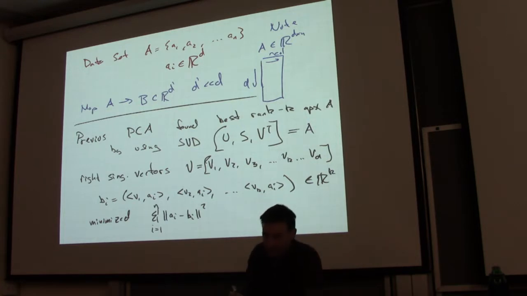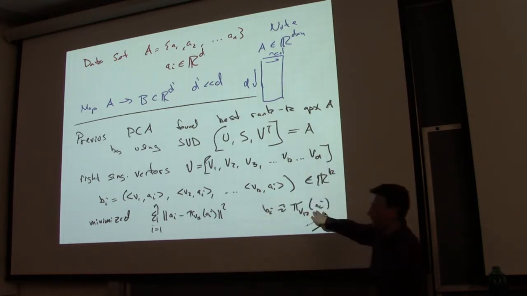representation of this in d-dimensional space. So I can say instead that Bi is the projection onto Vk, and I'll skip the details of how to describe this.